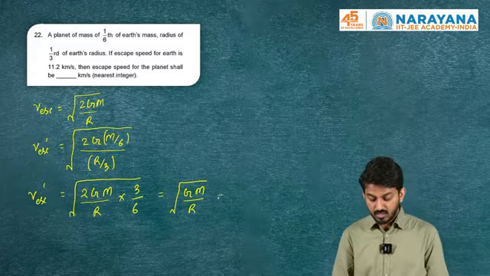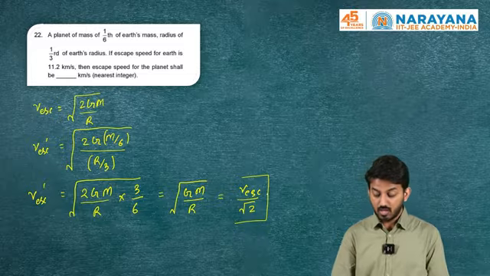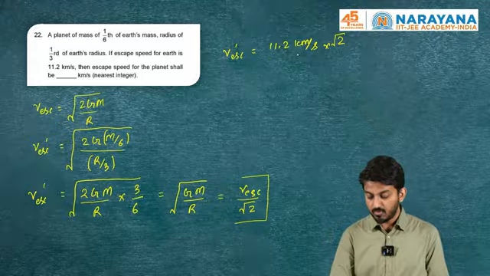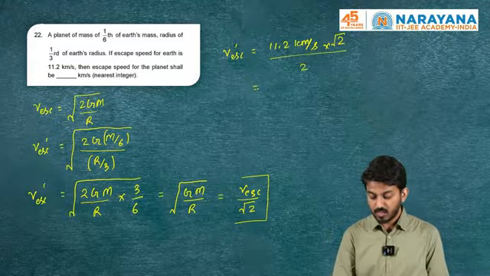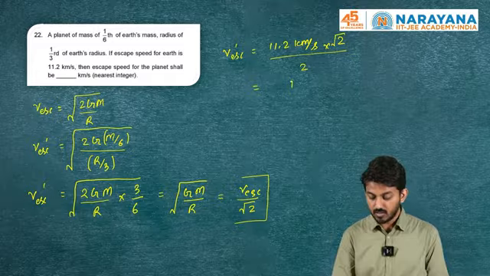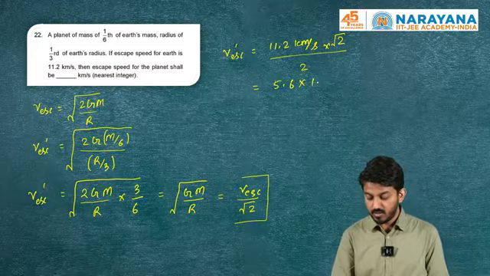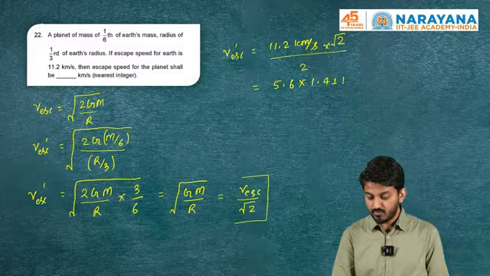Now if you look at this, this value is equal to initial escape velocity divided by root 2. So our answer is going to be V escape initial by root 2. Now V escape prime is equal to, this is given to be 11.2 kilometer per second, and I can write down root 2 as root 2 by 2 here, giving us 5.6 multiplied by 1.414.